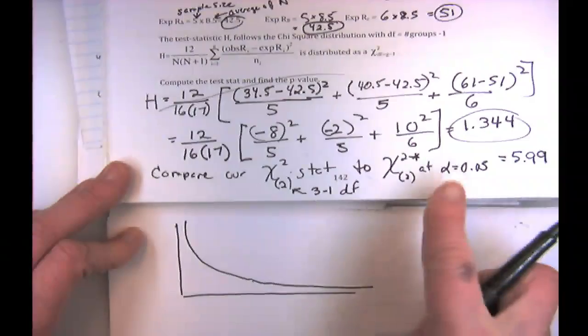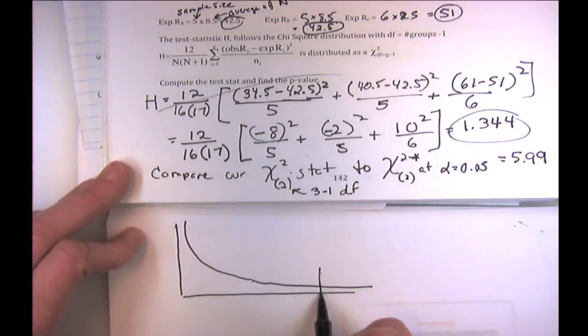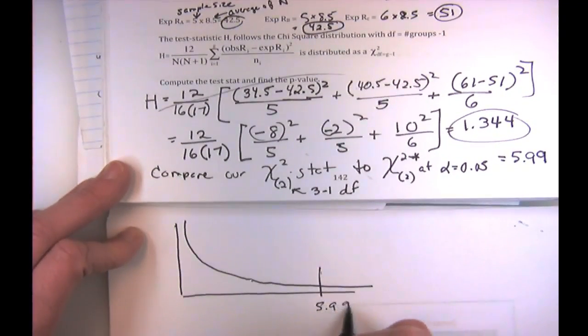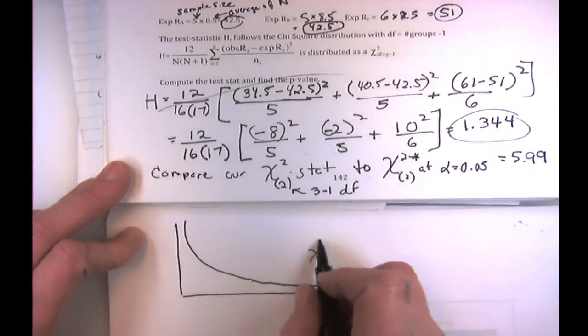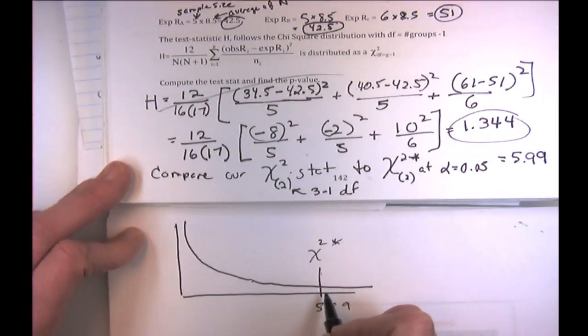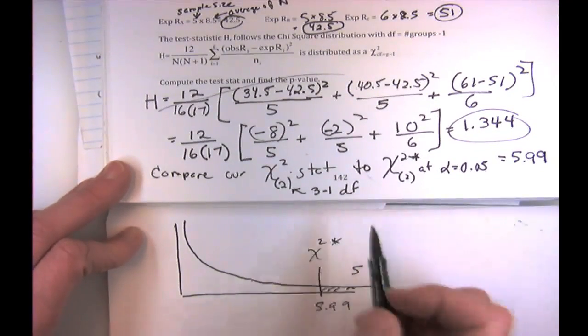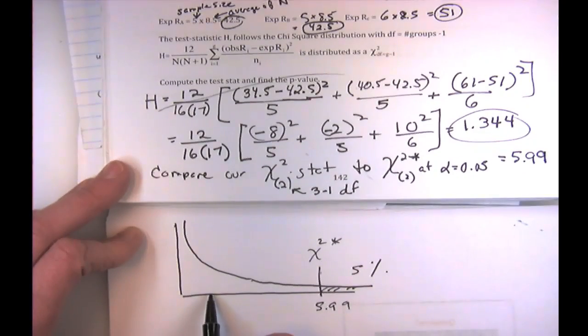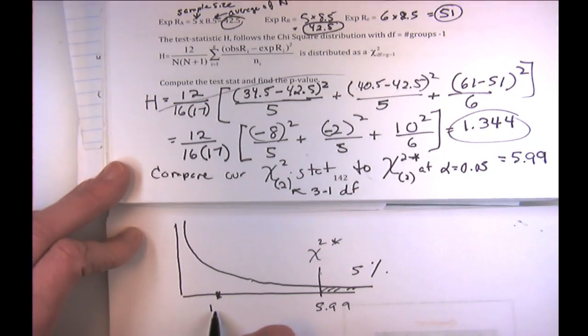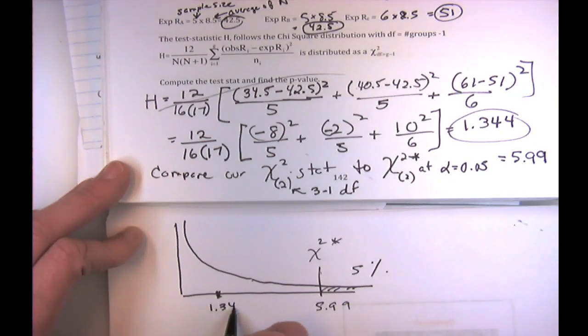This critical value means that right here at 5.99, that's the chi-square critical value at 5%, which means this right here is 5%. We are way up here at 1.344. This is drawn to scale, so 1, 2, 3, 4, 5, 6. We're about there. So this is our chi-square stat at 1.344.